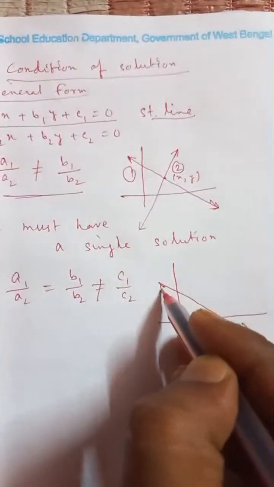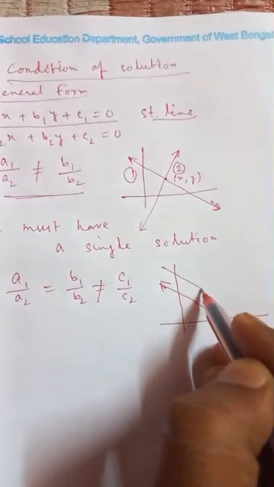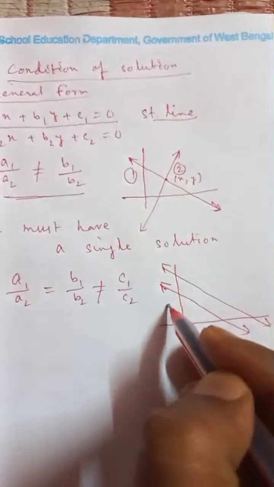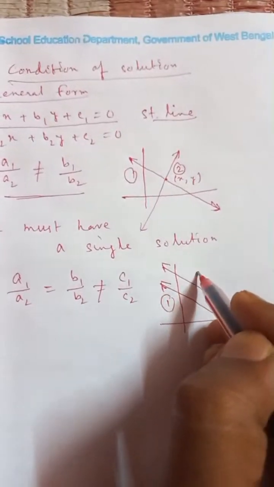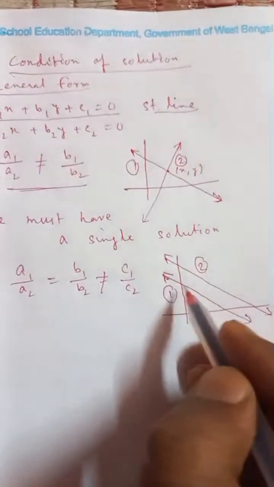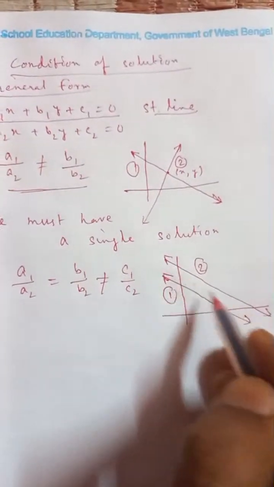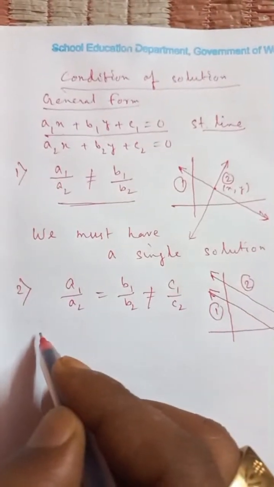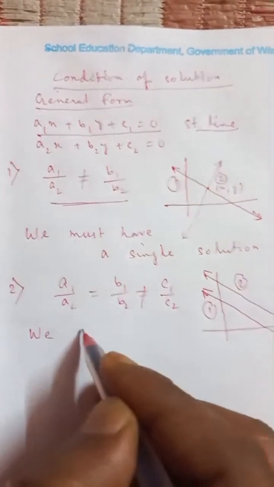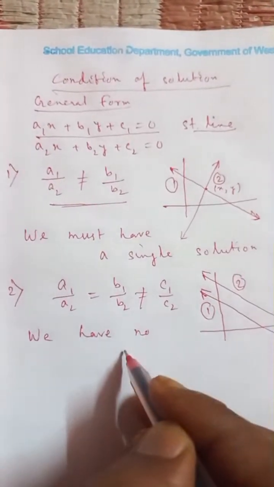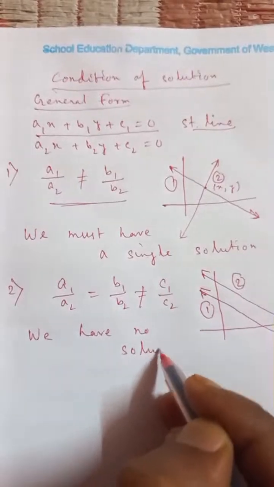They are totally parallel lines actually. Equation number one and equation number two must be parallel. And if they are parallel, they have no intersecting point and no solutions. So in this case, we have no solutions for these two equations.